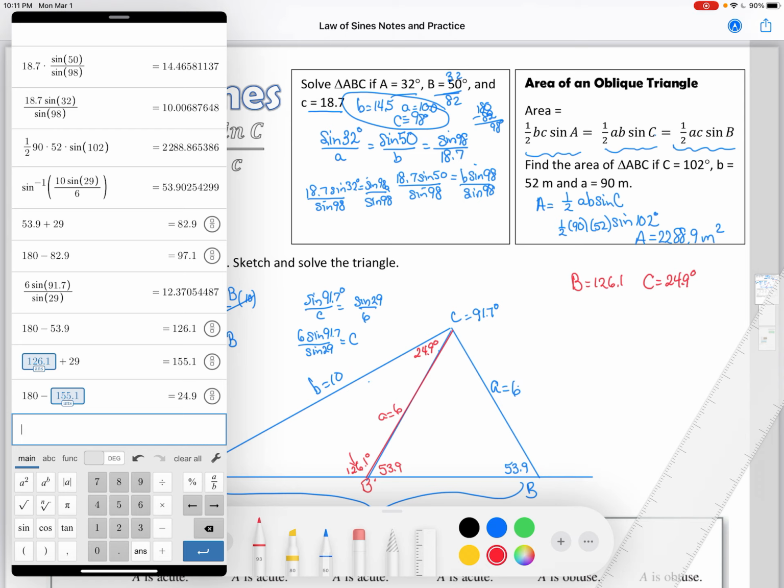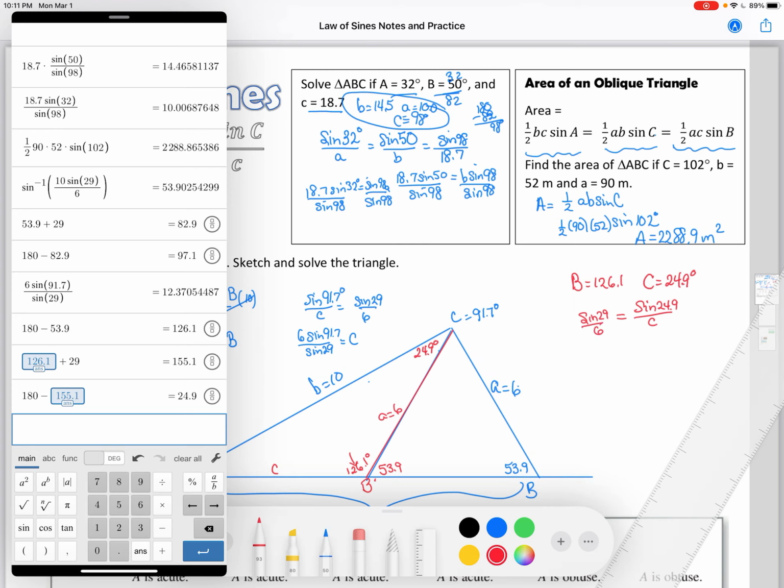And then we can say, let's find our new side C. So side C will be equal to, if the sine of 24.9 is our angle C over side C, we can go back to our original sine of 29 over 6.